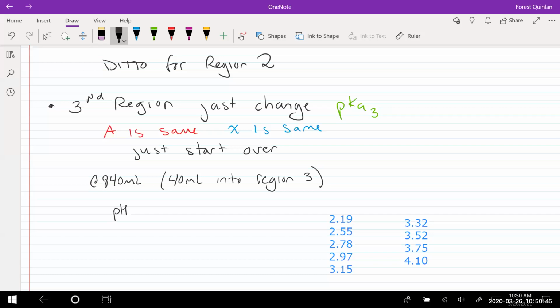We have pH is equal to, I can keep my pen colors the same, that pKa, which was 6.19. And our increment just starts over, 0.02s for our X. And our 0.2 stays the same.